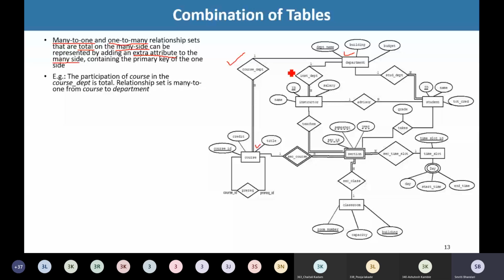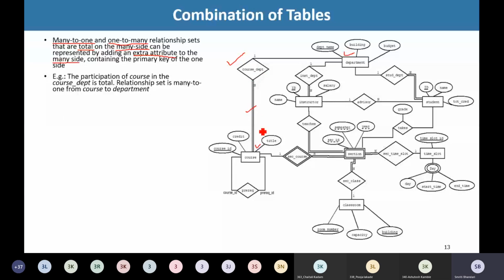But in addition, what was the condition we stated? If the relationship set has total participation towards the many side. Which is my many side? This course. And this course has total participation in this relationship set.